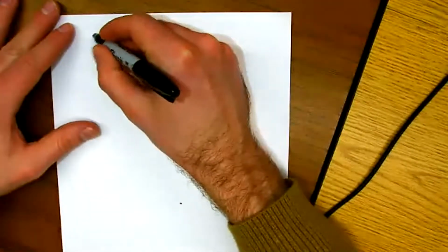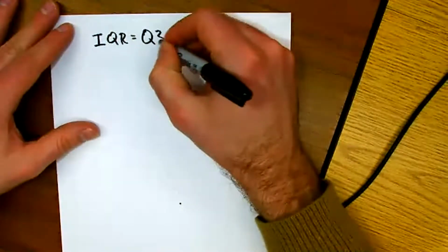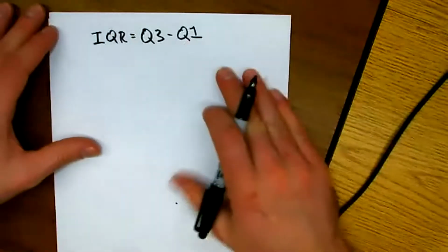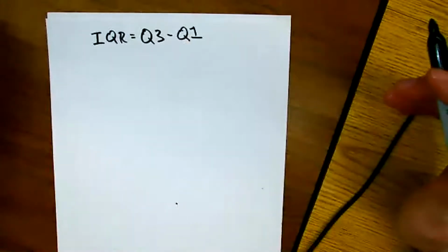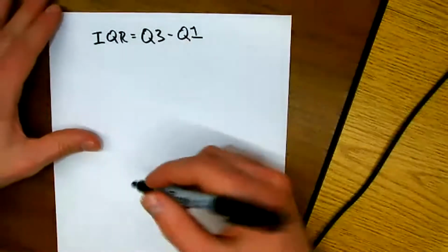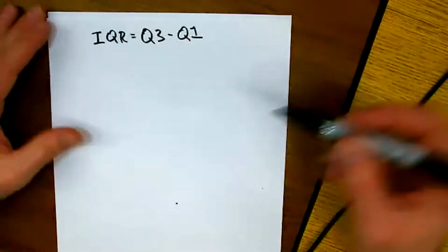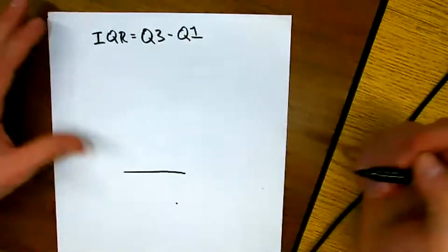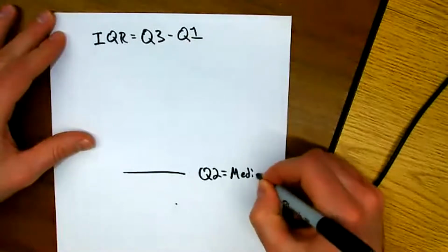So just as a reminder, we've got our interquartile range here, which is the difference between the first and the third quartile. You might see these in other classes. They're called box and whisker plots, right? There's a thing in Excel you'll see them too. The first thing you'll do is plot where your second quartile or your median is.